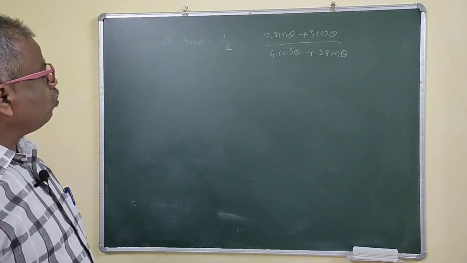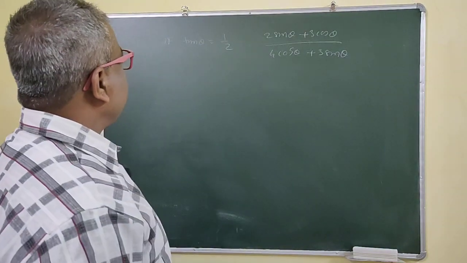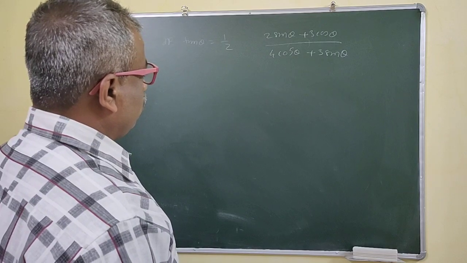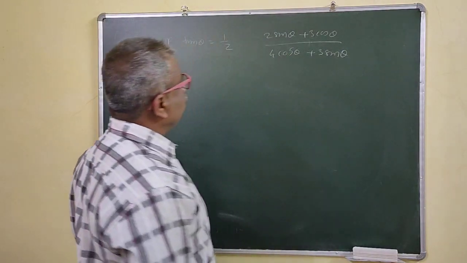Now how to solve this one? We'll solve this one. If tan theta is equal to half, then 2 sin theta plus 3 cos theta upon 4 cos theta plus 3 sin theta. How to solve this one now?